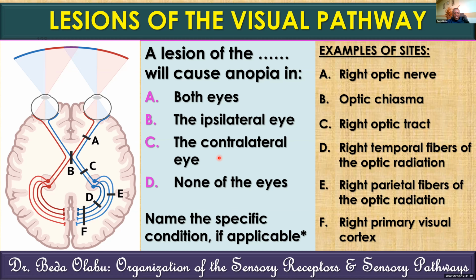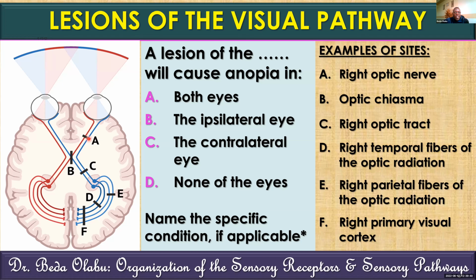Or will you lose vision on the contralateral eye, meaning if you've injured the right optic nerve, the left eye is the one that's not going to see? Or will there be no loss of vision, that despite injuring the right optic nerve, this person will still be able to see?